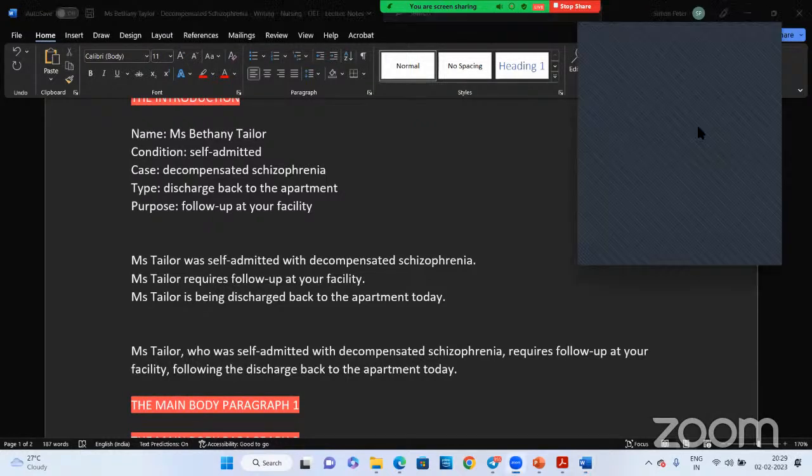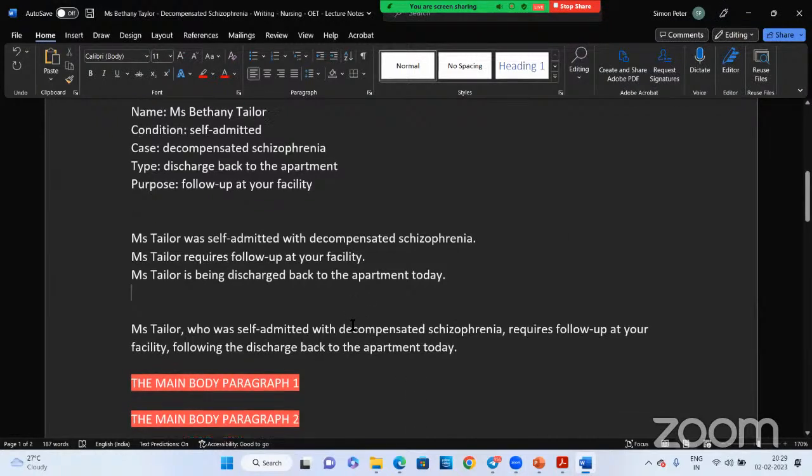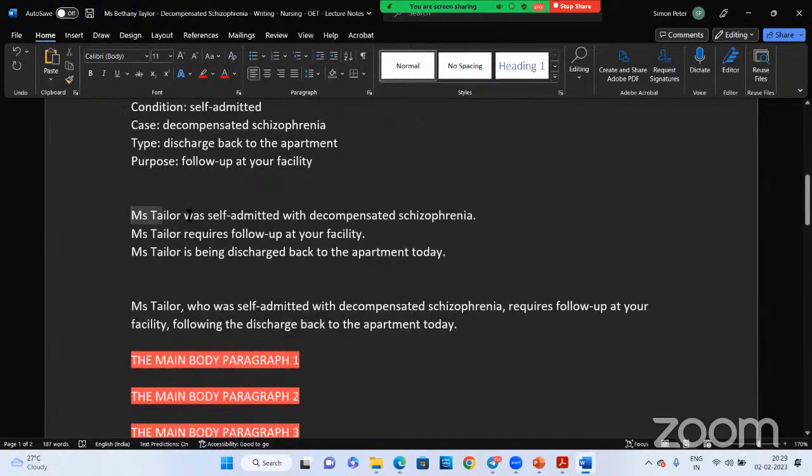Welcome, Pranita. So this is how you have to write. Three sentences. Then if you want to write separate sentences, you can say like this. Follow-up is required. Follow-up at your facility is required. So this is the way how you can change it to passive voice. You can write in number of different ways.